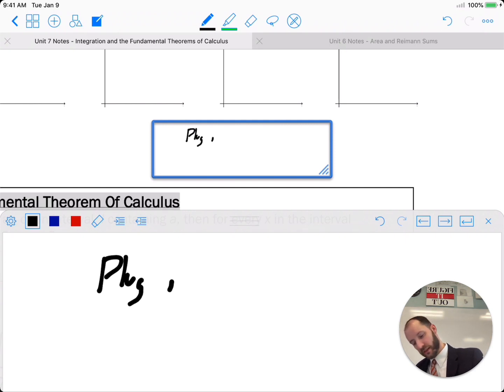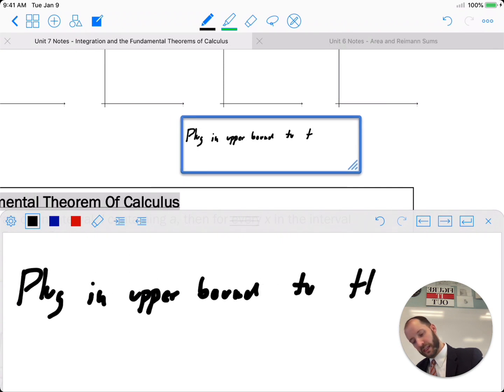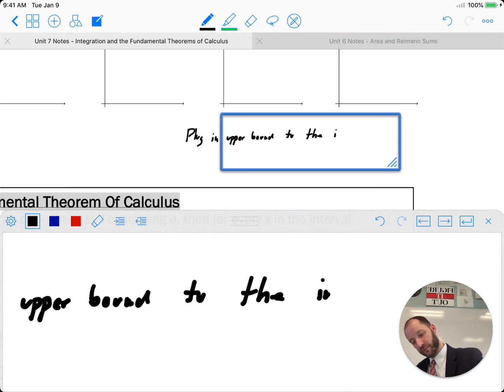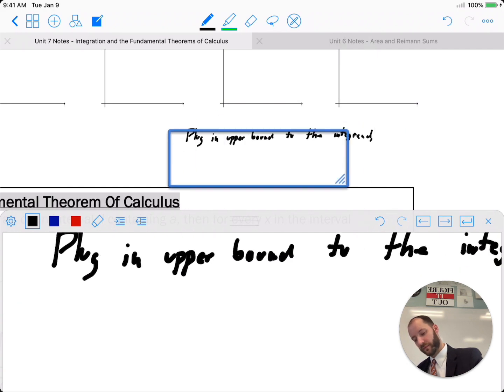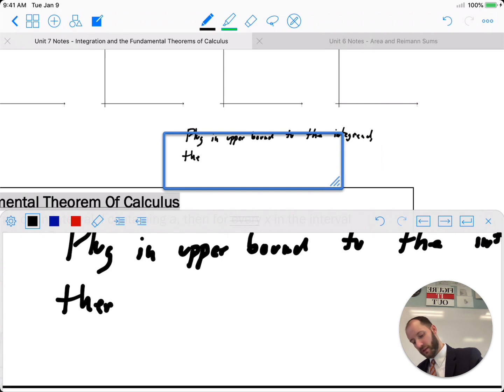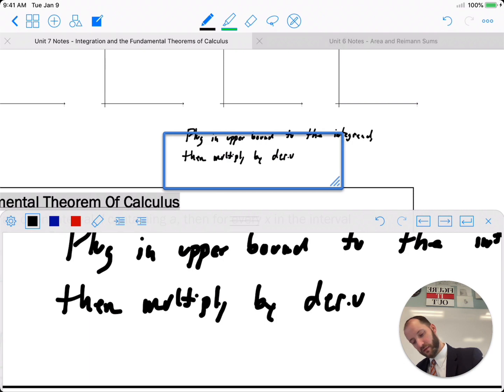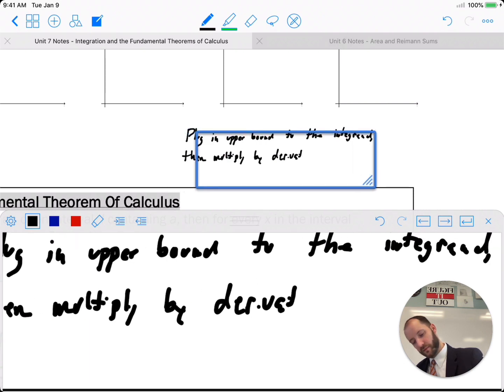So plug in the upper bound to the integrand, then multiply by the derivative of your upper bound.